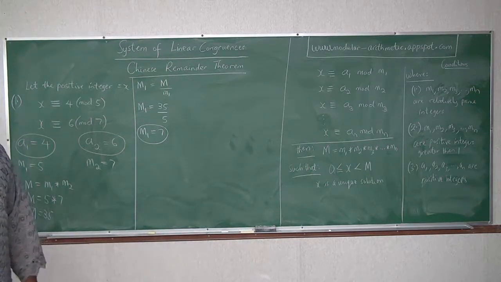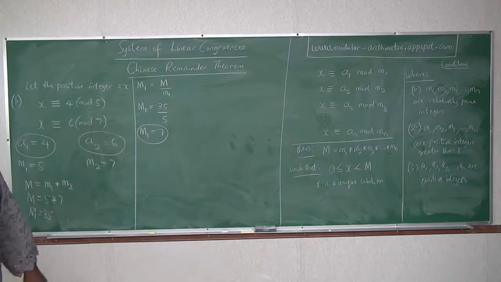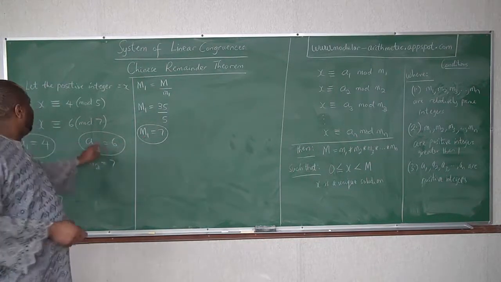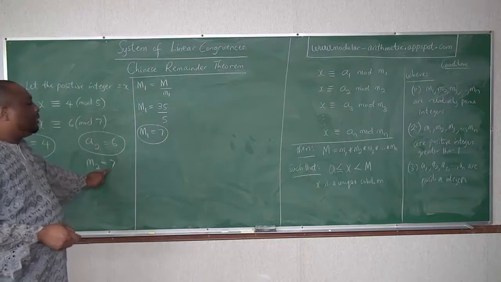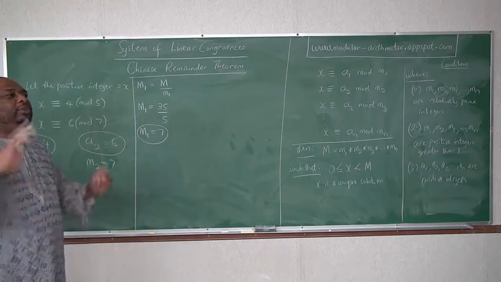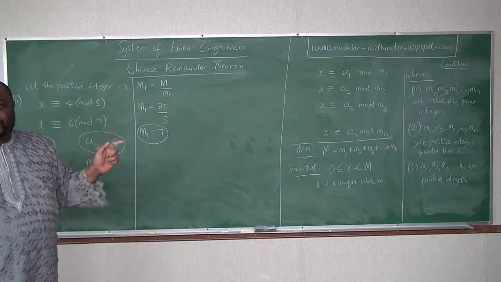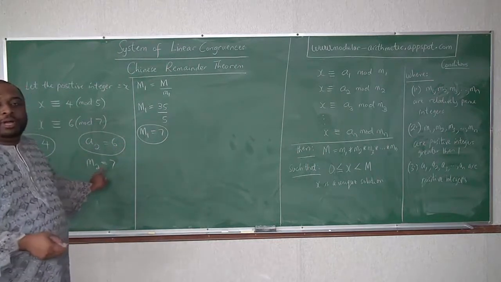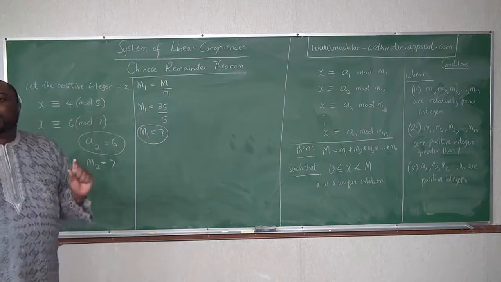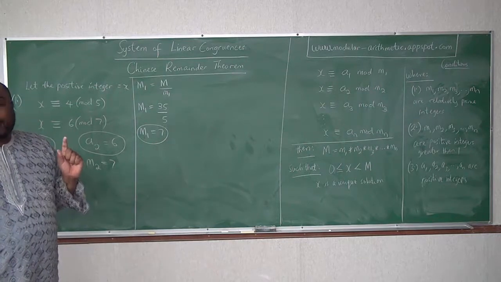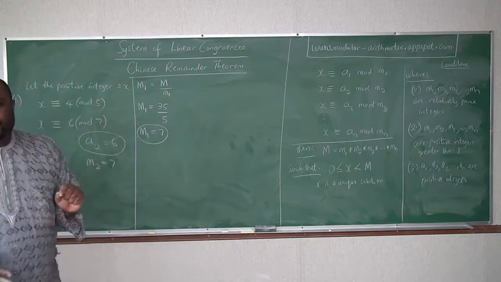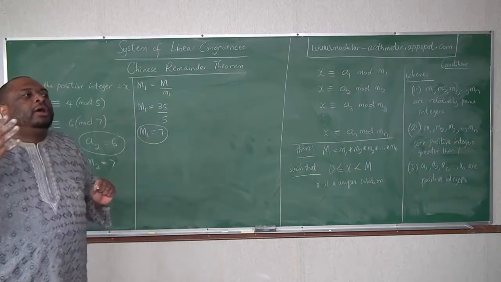Somebody might ask me, hey, Mr. C, why don't you just use M1 to be 7? You can do it, you can take big M1 to be small m2. However, you need to be careful.